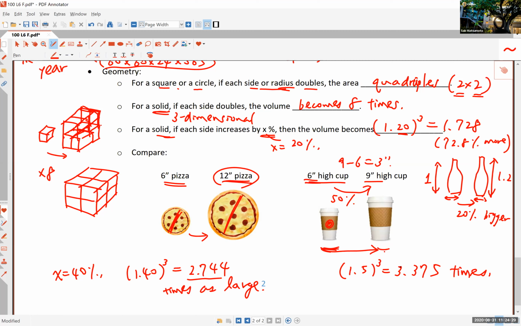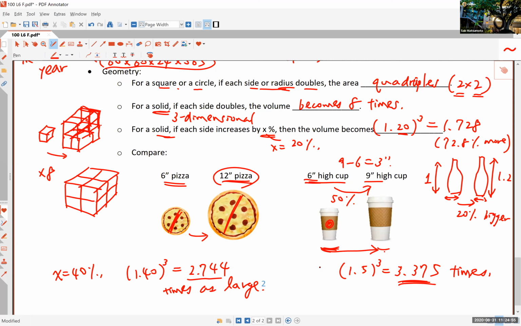So next time you go to your favorite coffee shop, you may want to order a large size if you're looking for value, because certainly this is not going to cost you 3 times as much. Usually it costs you like 50 cents extra or something, right? So it is geometry, and this could be deceptive, because you don't think about the big difference like this, but that's what the math shows us.